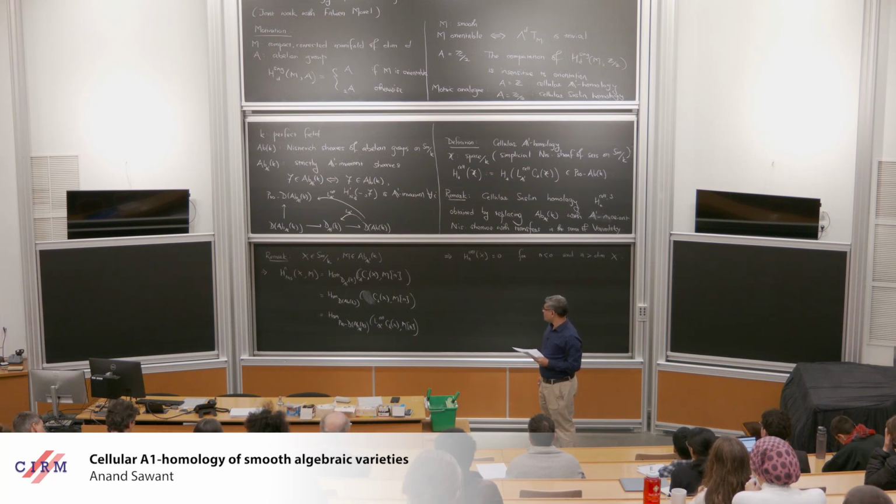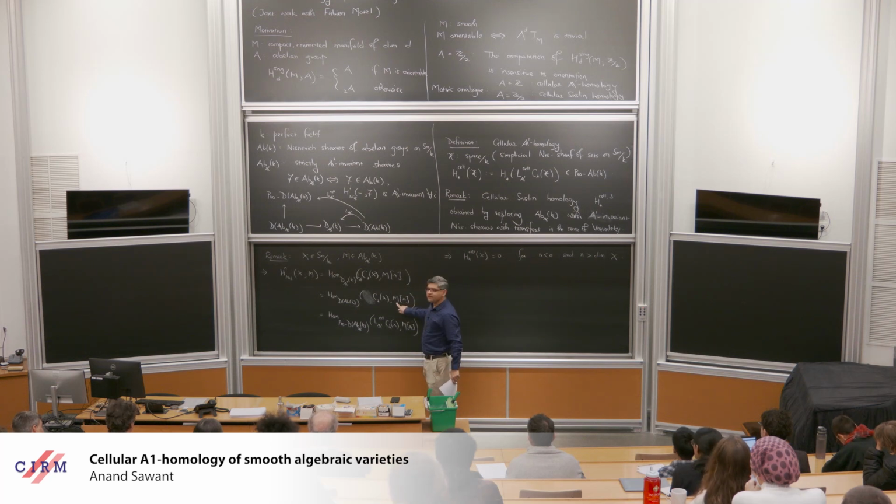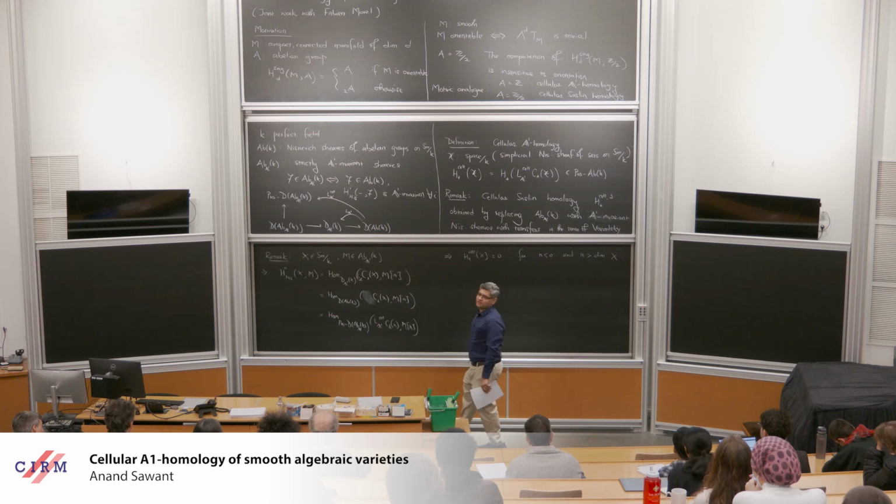Yes, the vanishing comes from the middle line, but this vanishing is there only when M is strictly A1 invariant, not for all Nisnevich sheaves of abelian groups.